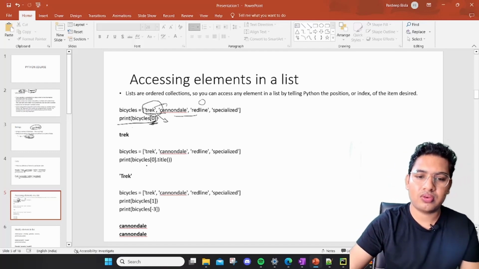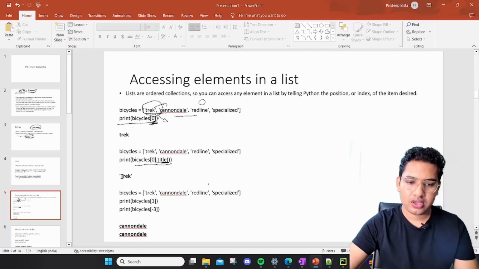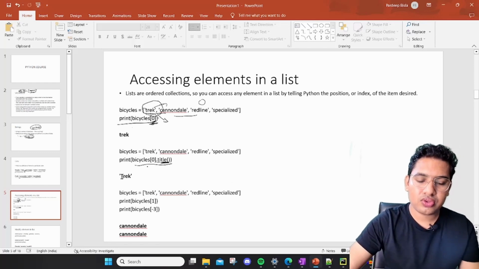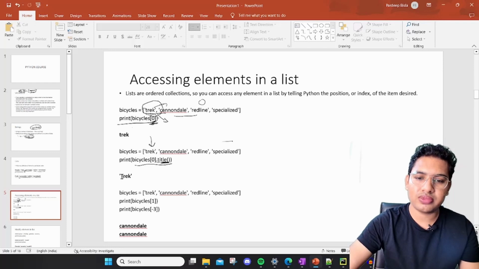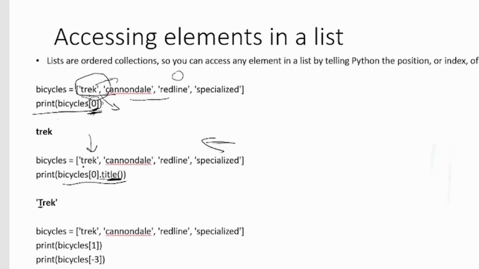There are also methods we can use. As we discussed, the title method is used to capitalize the first letter. The items from the list can be accessed from the front or from the reverse side also. From the front, this is the 0th index, this is the first index, this is the second index, and this is the third index.